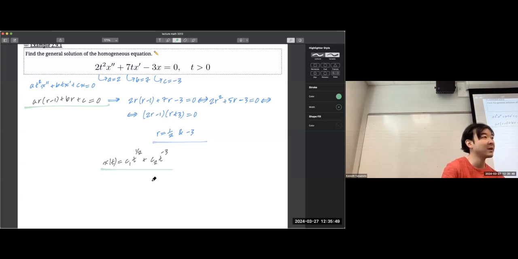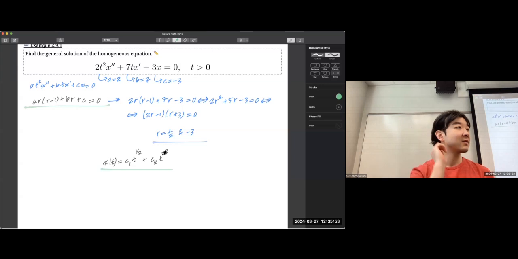You could plug in -5 or square root of 7 or whatever, and they would all satisfy this differential equation. So the general solution is trying to capture the infinite family of solutions. And for a second order equation, there'll be two arbitrary constants that you can make anything be anything, and it'll still satisfy the differential equation.